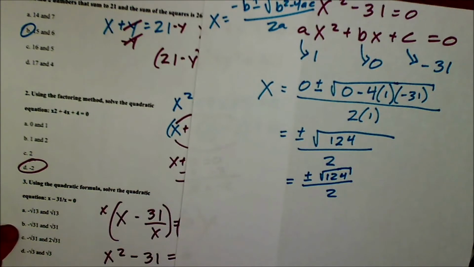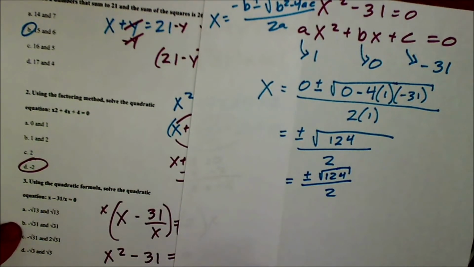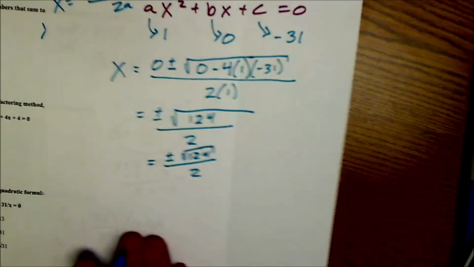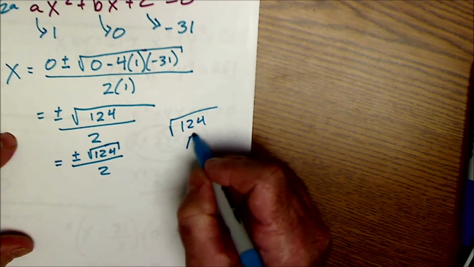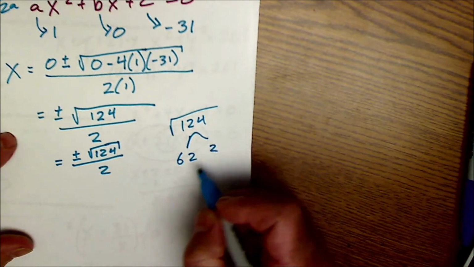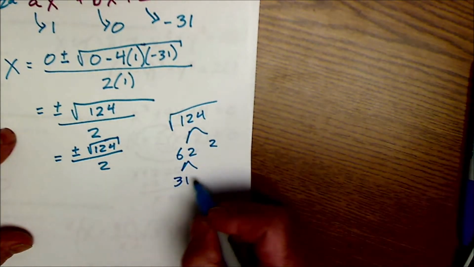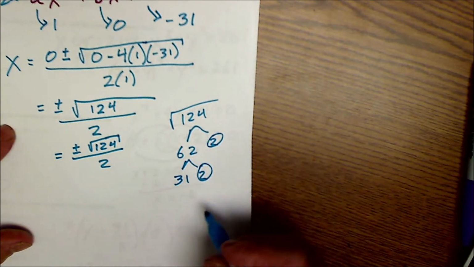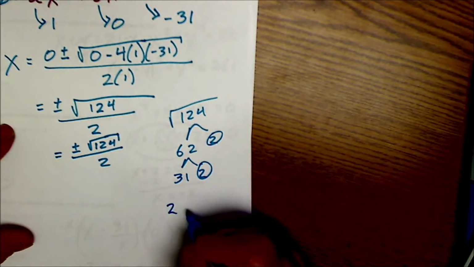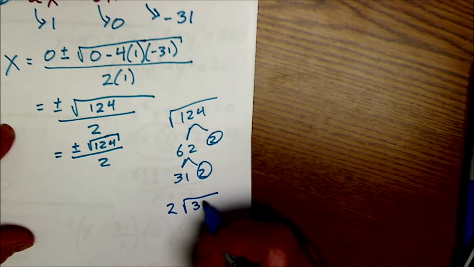There isn't anything like that, so we're going to have to simplify the radical a little bit. So to simplify the radical, we're looking at the square root of 124. It's made up of a 62 and a 2. 62 is a 31 and a 2. For every pair, one comes out, right? That 2 comes out. There's no pair for that 31, it stays in.